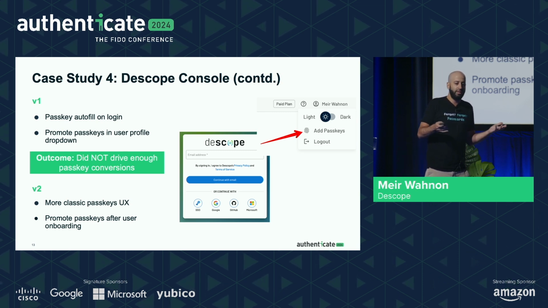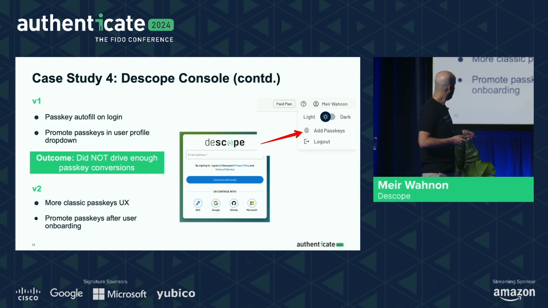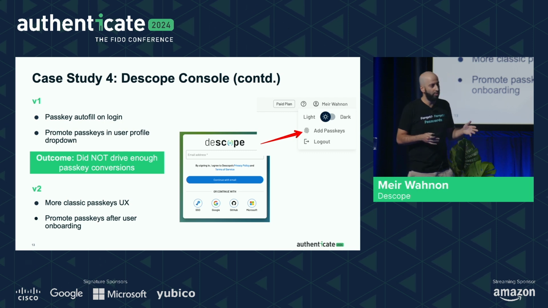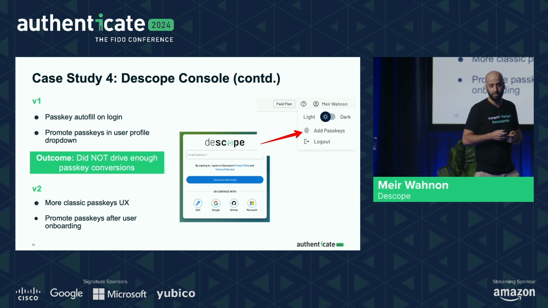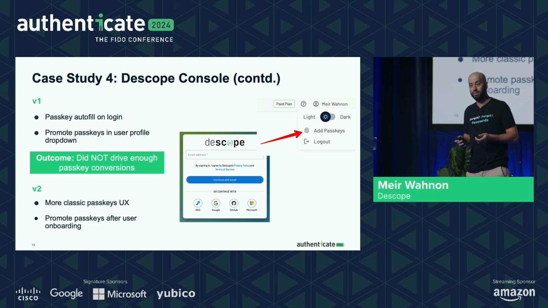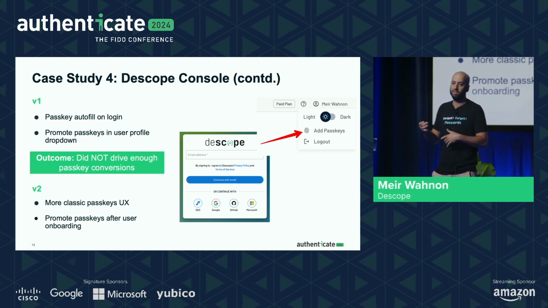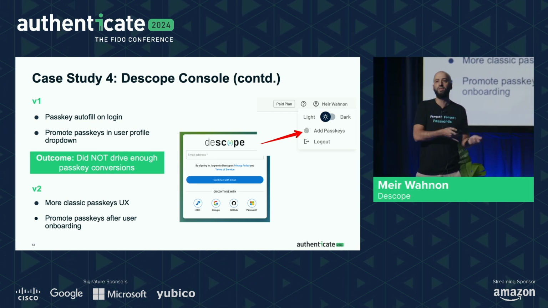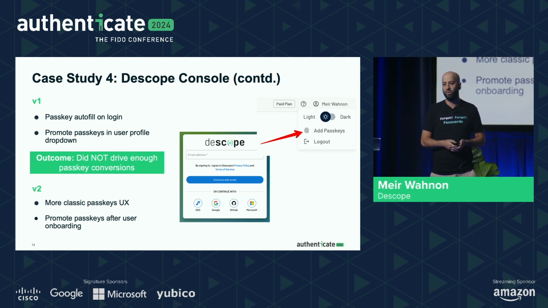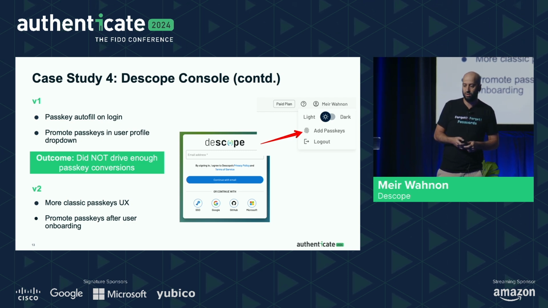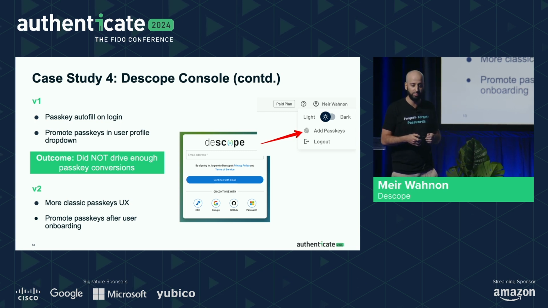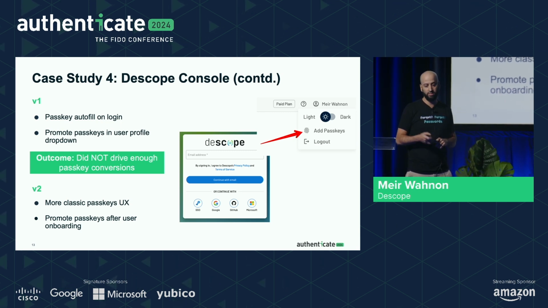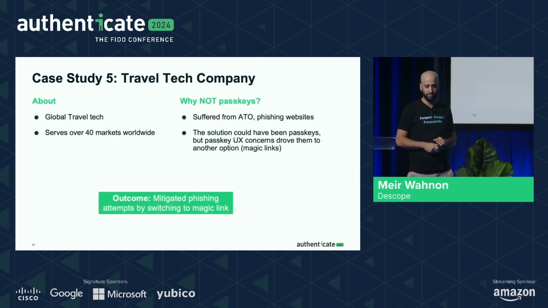So that was the first iteration. We are moving to a next iteration, a more classic one, more aligned to the FIDO guidelines around the user experience of passkeys, doing it as part of your login, promoting it as part of your onboarding or login to drive more awareness. This is something we're planning for later, but take it into account.